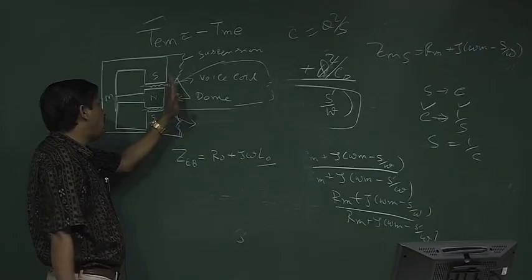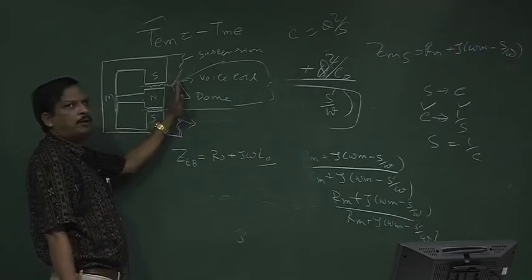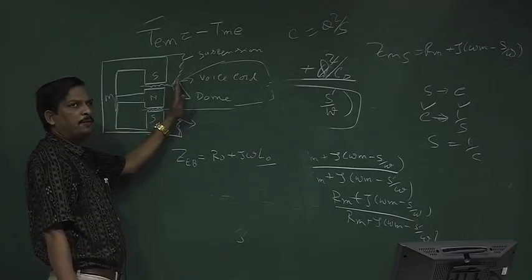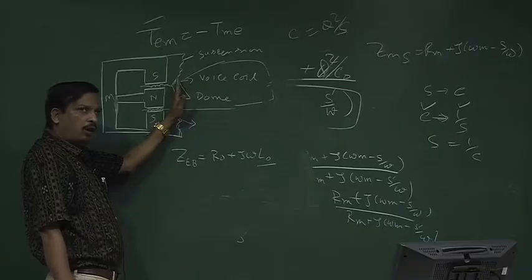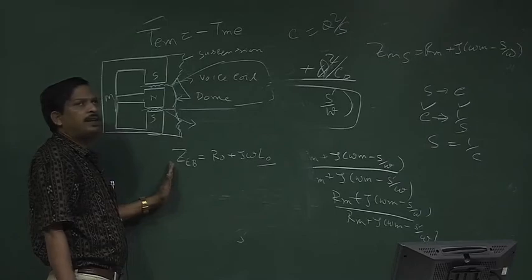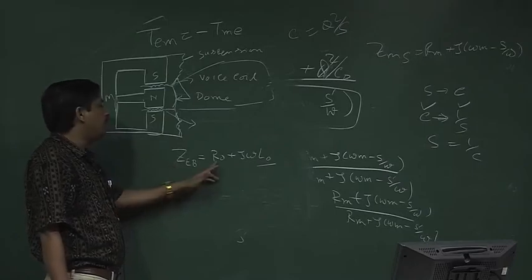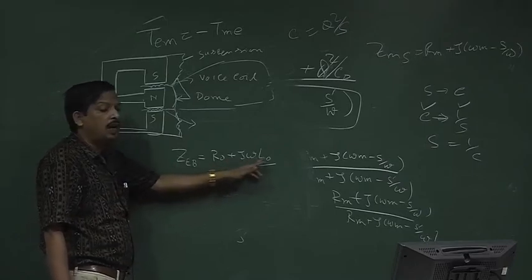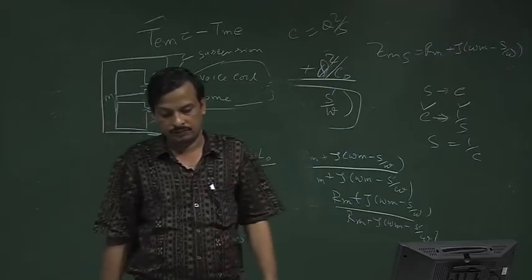So, if I fix the movement of the diaphragm, that means I block the diaphragm, then the blocked electrical impedance is nothing but R0 plus j omega L0. Okay.